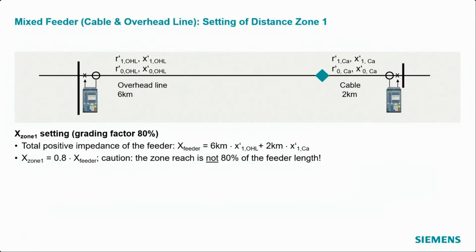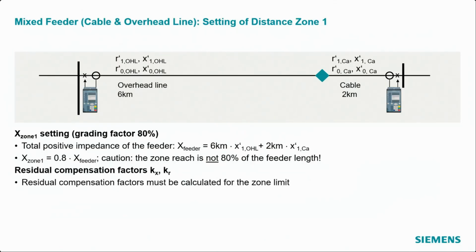We can do it like this. We take the 6 kilometer overhead line multiplied by the reactance per kilometer of the overhead line, plus 2 kilometers of cable multiplied by the reactance per kilometer of the cable. Then we get the full reactance of the whole feeder, and from this one we take 80%, and then we have the first zone. Keep in mind it's not 80% of the length of the feeder. So that's the easier part.